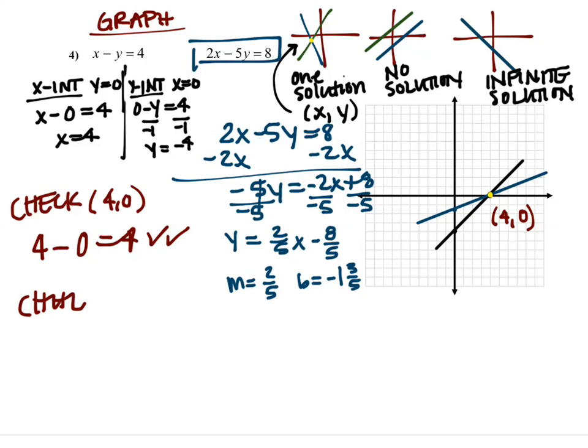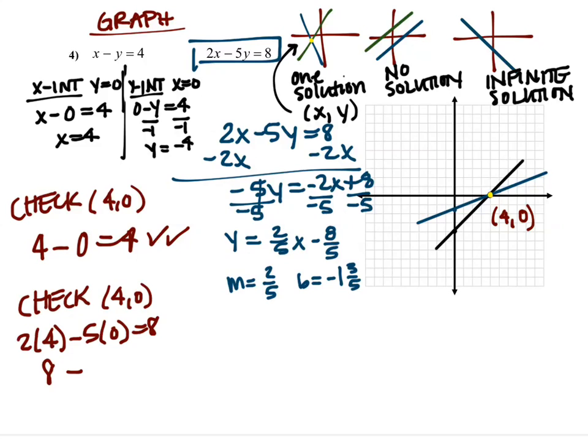In the next equation, 2x minus 5y equals 8, so 2 times 4 minus 5 times 0 equals 8. 2 times 4 is 8, and 0 times anything is 0. In fact, this does check out. So the solution is 4, 0.